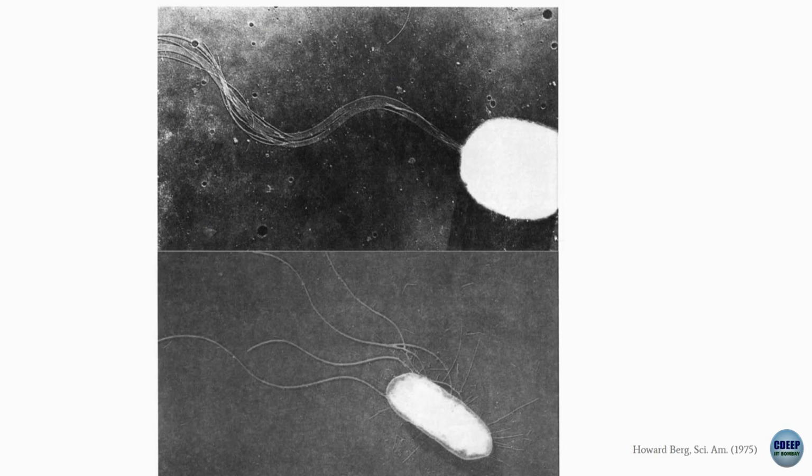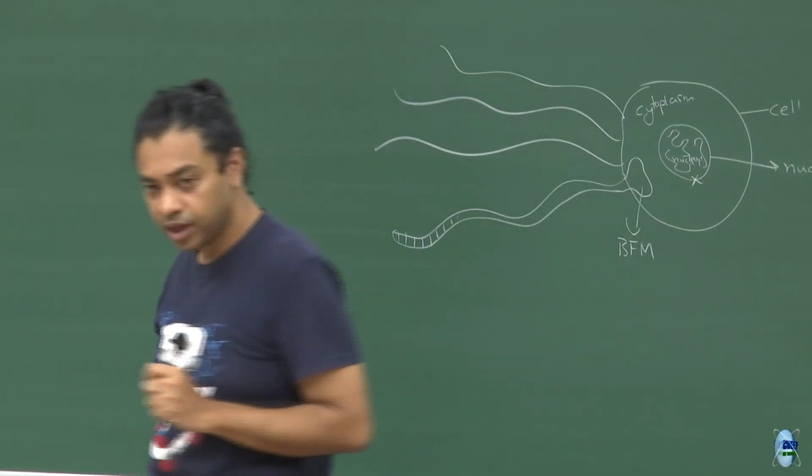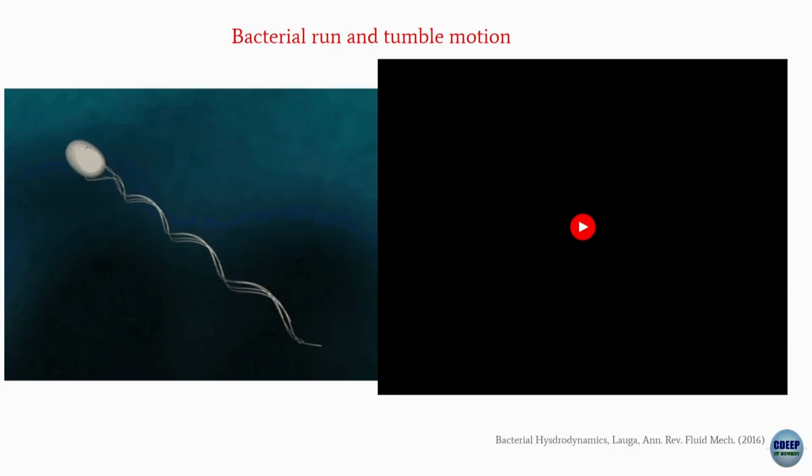Depending on these two modes of rotation, you get two types of motion. So here is your bacterial flagellar bundle. The different flagella are bundled up together and rotating in the same direction. As they rotate, they generate propulsion and the bacterium moves.